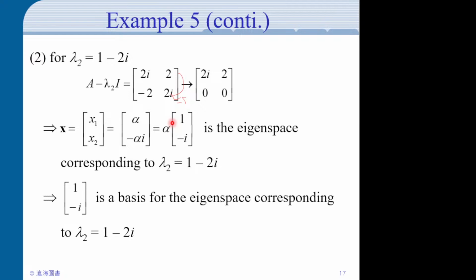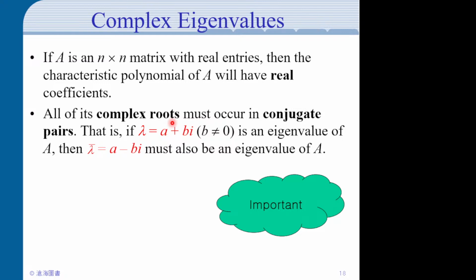Okay, then let's go out of the detail about how to do complex vector spaces and talk about another thing. If our matrix is a real matrix, as we see, we can have complex roots, but there is still something you can know from having every entry real. That is, the complex roots must come in conjugate pairs.